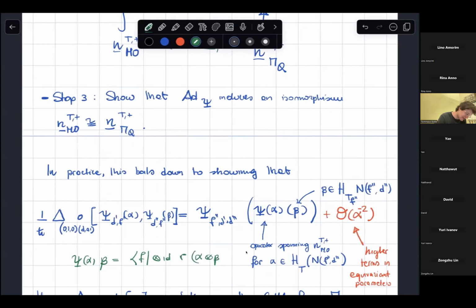So it was this object here. So this is the vacuum vector. And maybe just to match notation here, I should write some f prime. Okay, so the idea is that I consider this operator, I let it act on beta, and then I feed it to my psi map, to my non-abelian stable envelope.